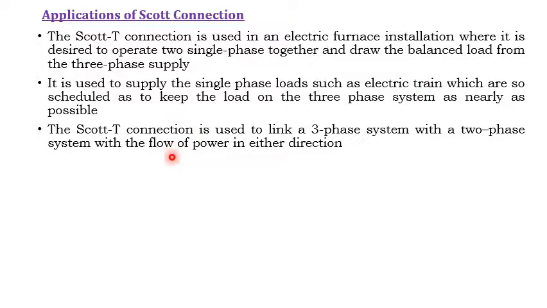And one more application is that the Scott or T connection is used to link a three-phase system with a two-phase system, with the flow of power in either direction. That means if I need to transfer power from a three-phase system to a two-phase system, the Scott connection is used here, because some applications need a two-phase supply.